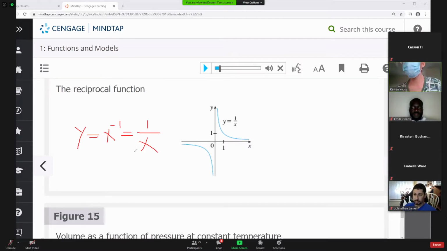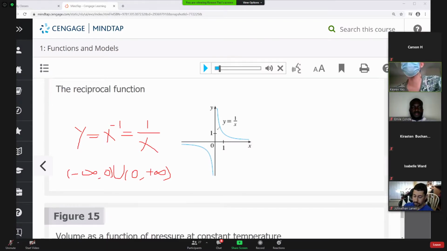So how do we write down the domain? Easy: from negative infinity to 0, open interval, union 0 to positive infinity. Or you can say the domain of this function is all real numbers except 0.